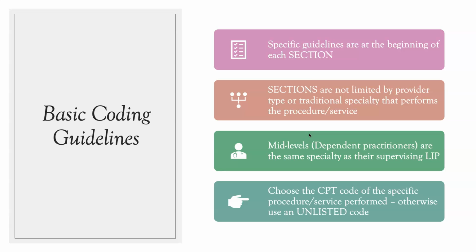And you're going to choose the CPT code of the specific procedure or service performed. Otherwise, you have to use an unlisted code. But if there is a procedure or service performed that has a CPT code that describes it, that is what you do. Again, an unlisted code is a last resort if there's nothing else you can do.